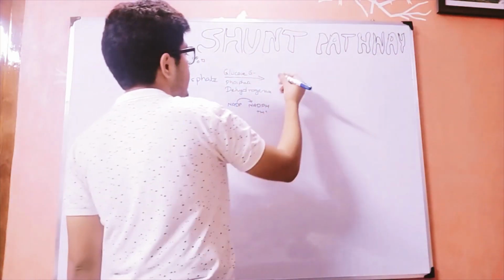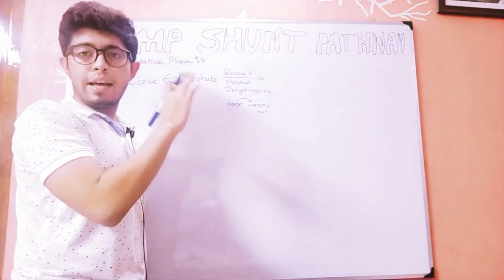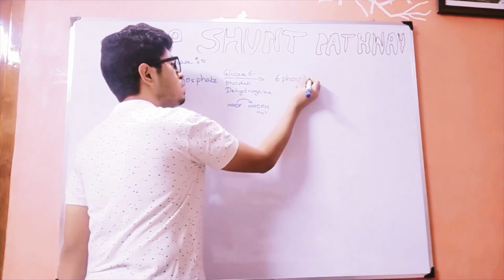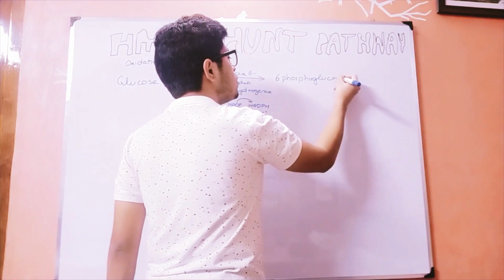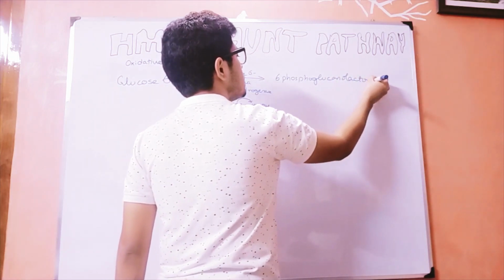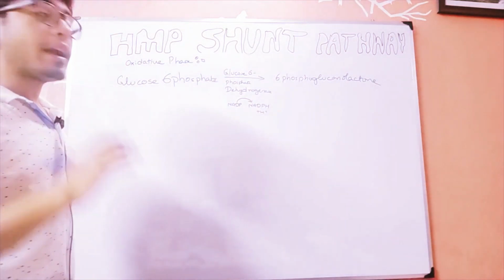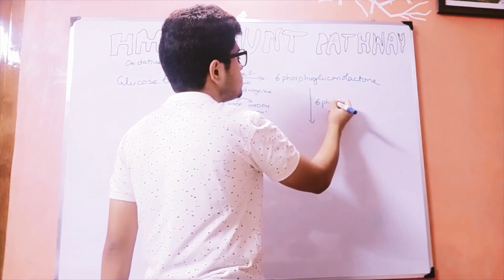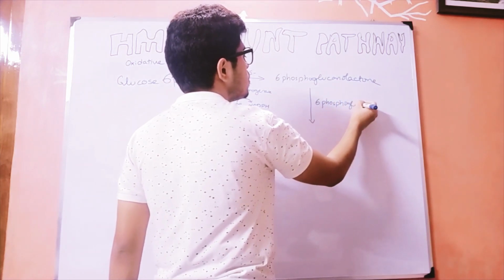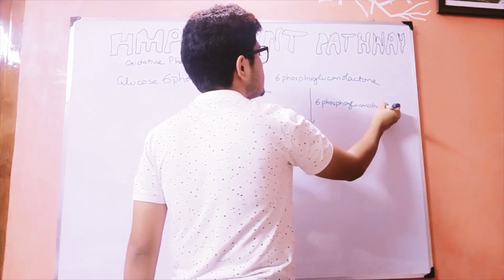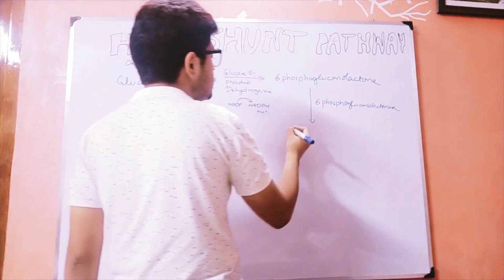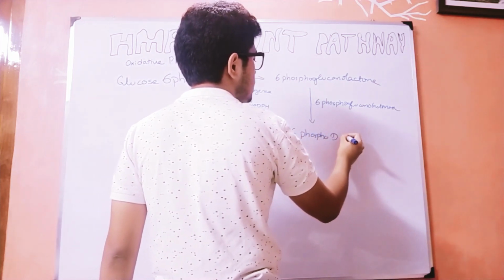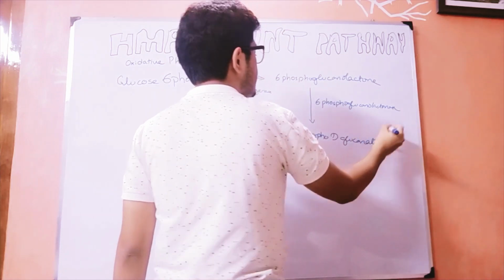This glucose 6-phosphate, after reacting with glucose 6-phosphate dehydrogenase, gives rise to 6-phosphogluconolactone. This 6-phosphogluconolactone, when acted upon by 6-phosphogluconolactonase, gives rise to 6-phospho-D-gluconate.